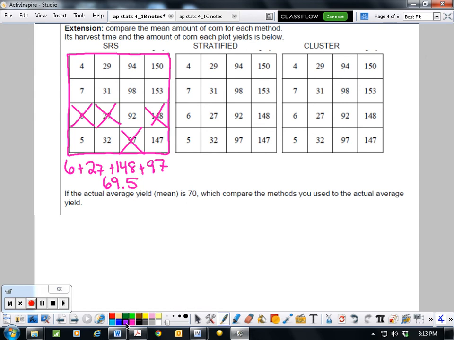Okay, now I'm going to look at our stratified sample. In our stratified sample, we ended up with number 2, number 7, number 9, and number 13.